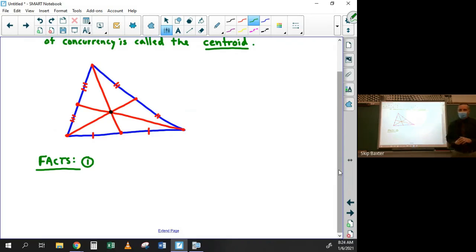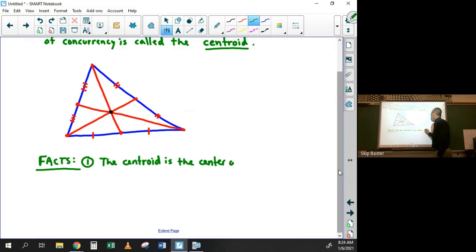The first one is that the centroid is the center of gravity of the triangle. What that means is you can almost think of the center of gravity as the balancing point.